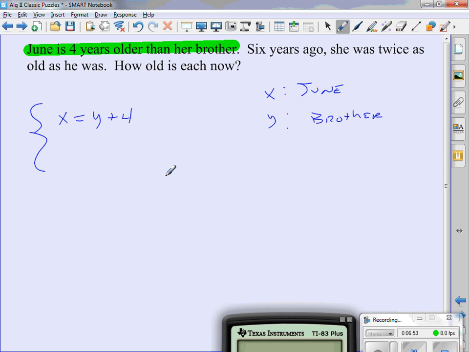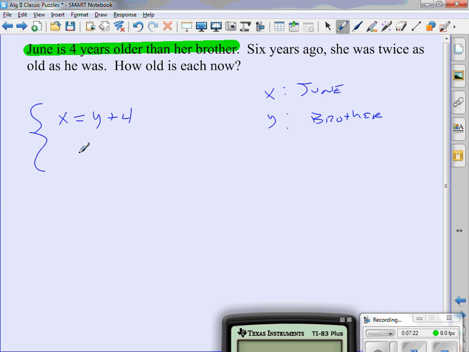The second one. Anyone think they have the bottom one? Go ahead. All right, X plus Y. What would X plus Y mean? Does it ever say June's age plus her brother's age in there? No. That's one thing you got to pay attention to. The first thing it says is 6 years ago. So you got it's minus 6.